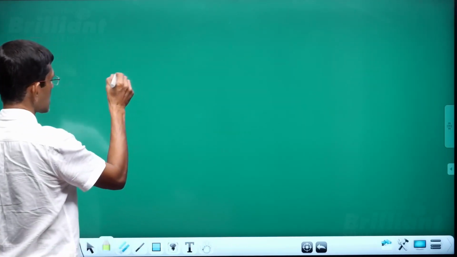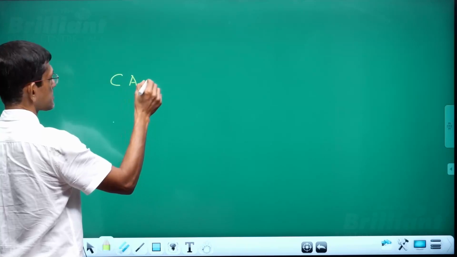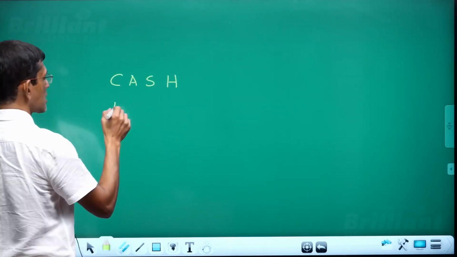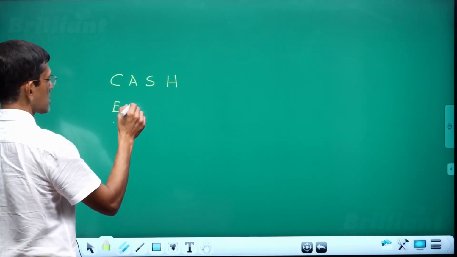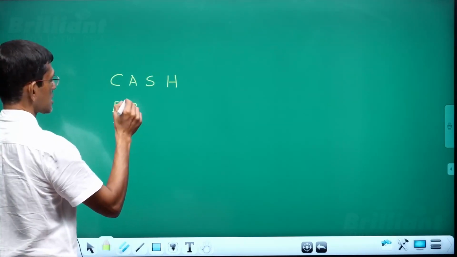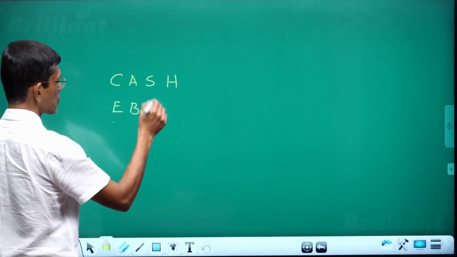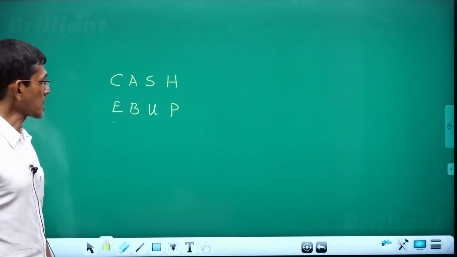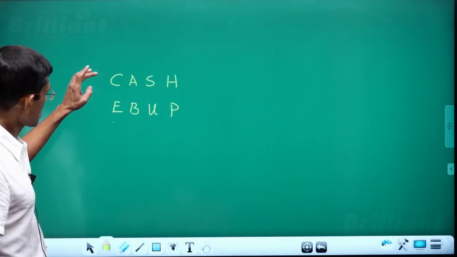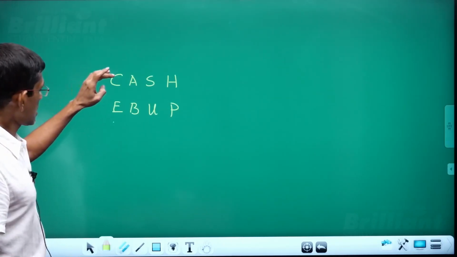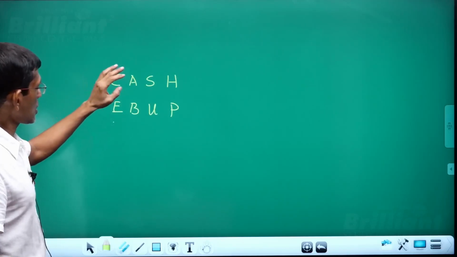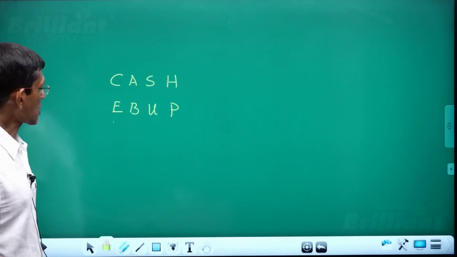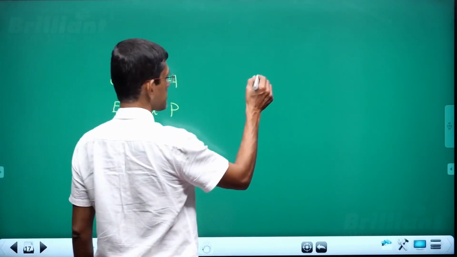Let's say if cash is coded as E, B, U, P. Cash is coded as E, B, U, and P. Then what is the code for coin?